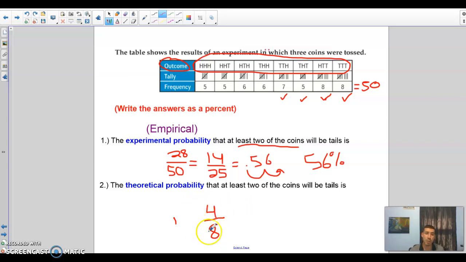I know most people are going to think theoretical is easier, and it probably is. So 4 over 8 reduces to 1/2. If you use your calculator and do 1 divided by 2, you will get 0.5. But again, they do want the answer as a percent, so you move the decimal twice to the right, and this becomes 50%.